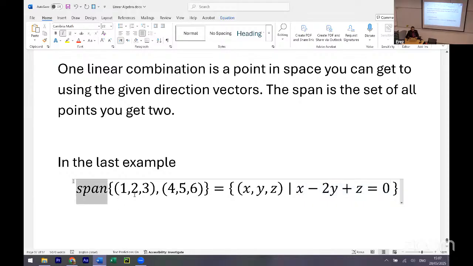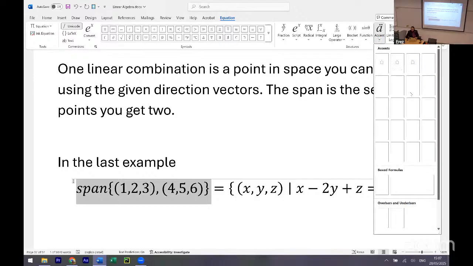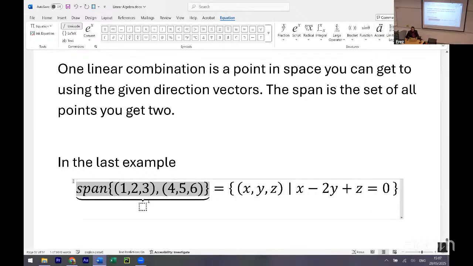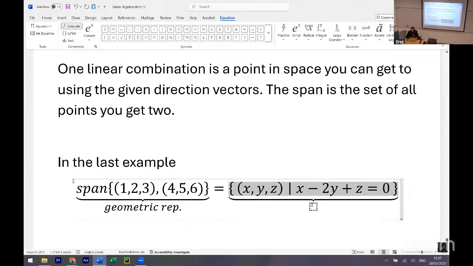I call this the geometric representation. And this the algebraic representation. I'm calling it that because I call it that.